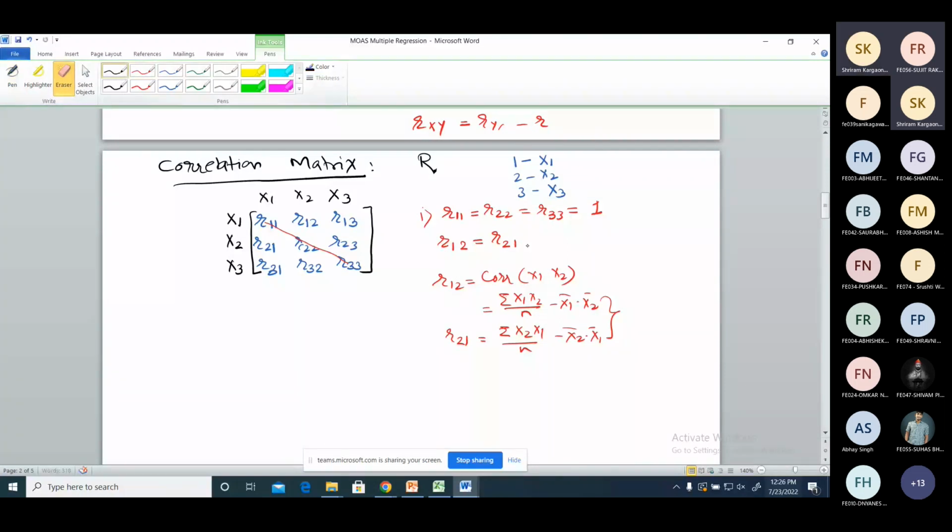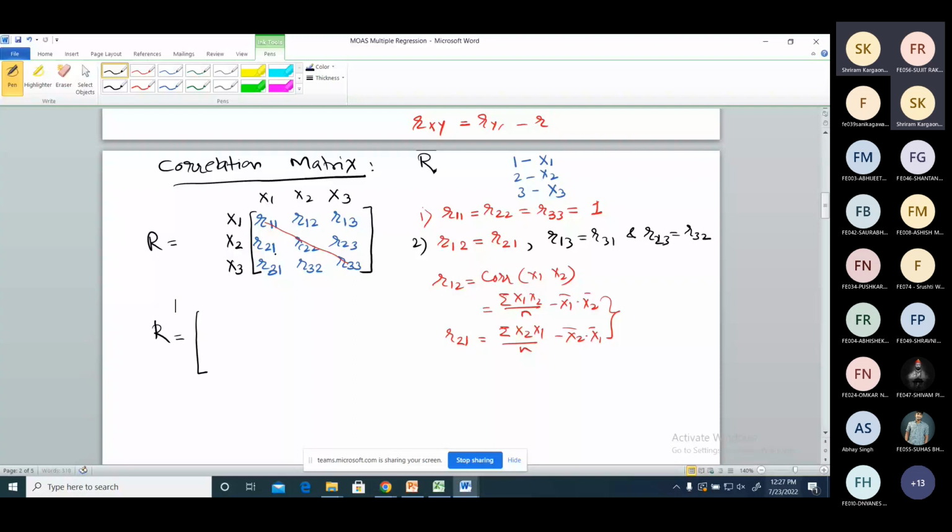Similarly, R13 is equal to R31, and the simple correlation between X2 and X3 is equal to the simple correlation between X3 and X2. Looking at these two points, the correlation matrix finally reduces to this format.